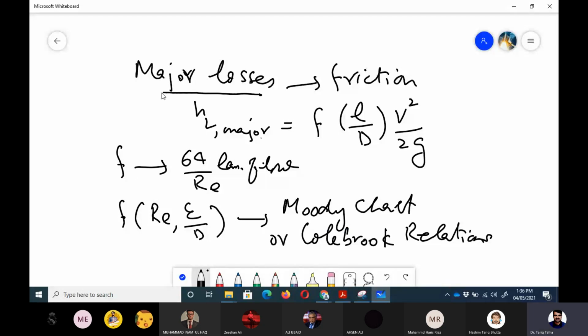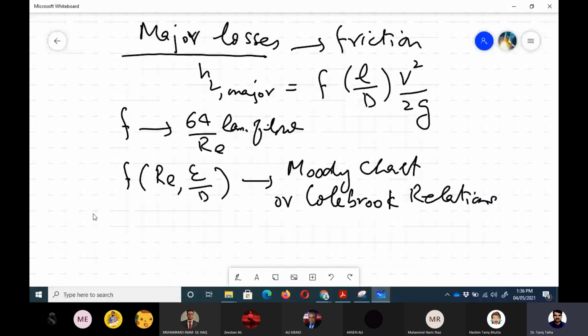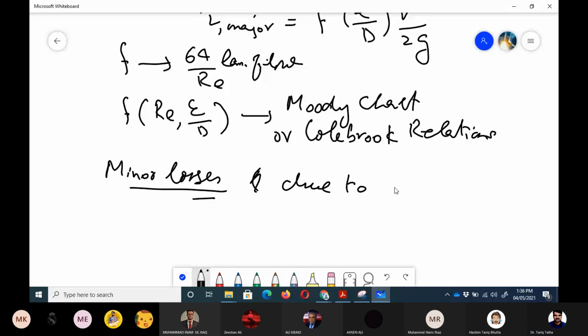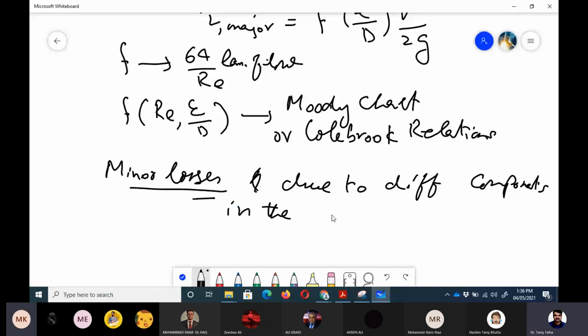So this was all about major losses. Now we are going to discuss the second type of losses, which are minor losses. We categorize them or call them minor losses, it doesn't mean that they are minor. So minor losses are the losses due to different components in the piping system, different components or different types of discontinuities.